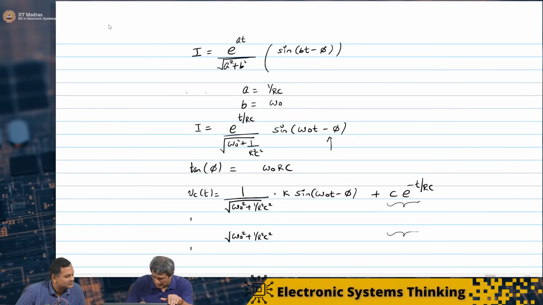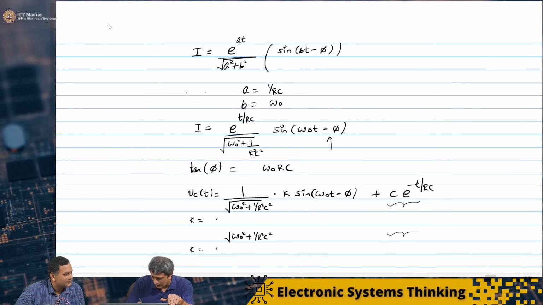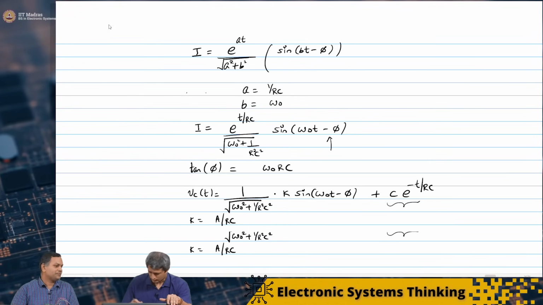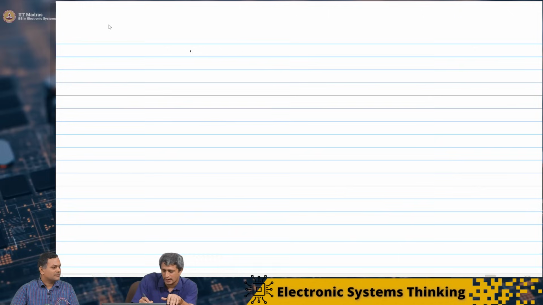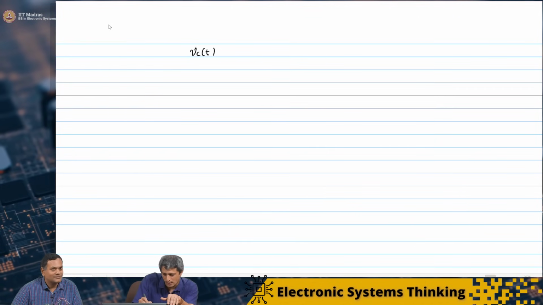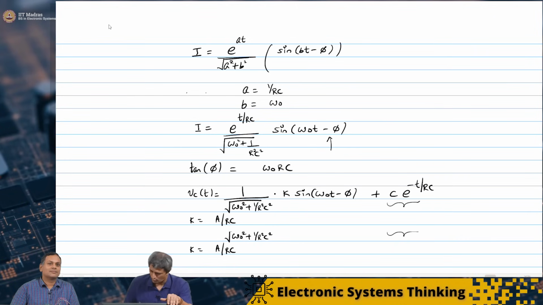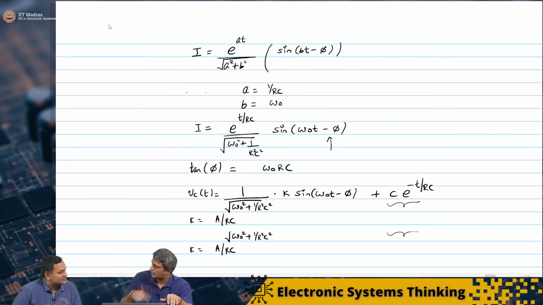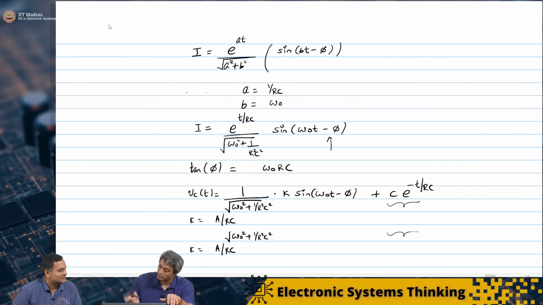And what was k? We said k was A by RC. Therefore, I am going to take the RC on top and bring it out of the root.